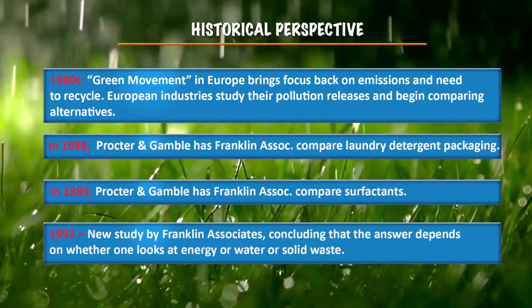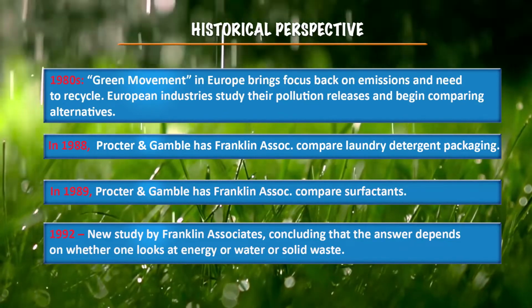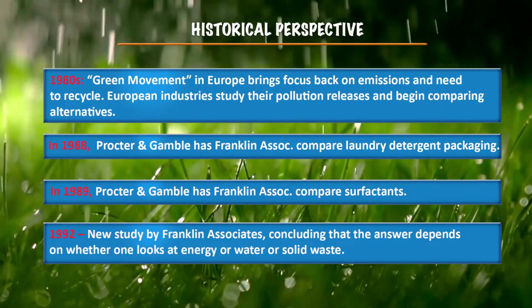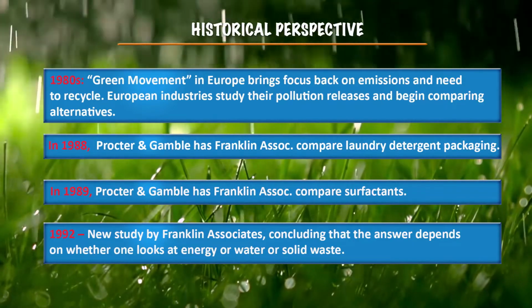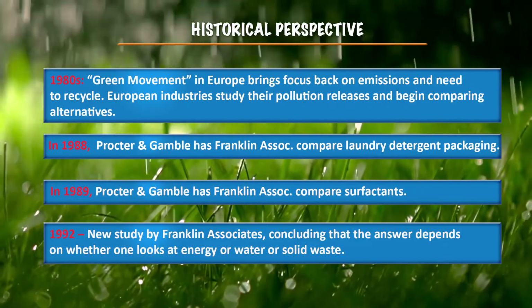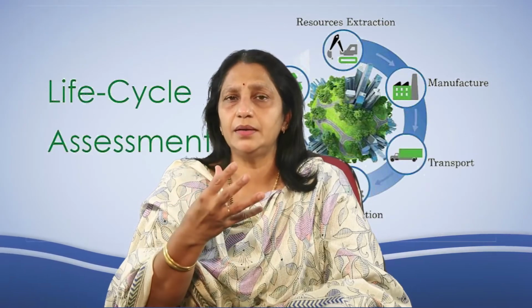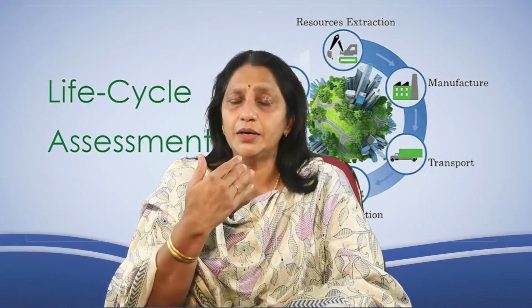In 1992, a new study found that the answer depends upon whether one looks at energy, water or solid waste. These are some of the earlier uses of life cycle assessment.